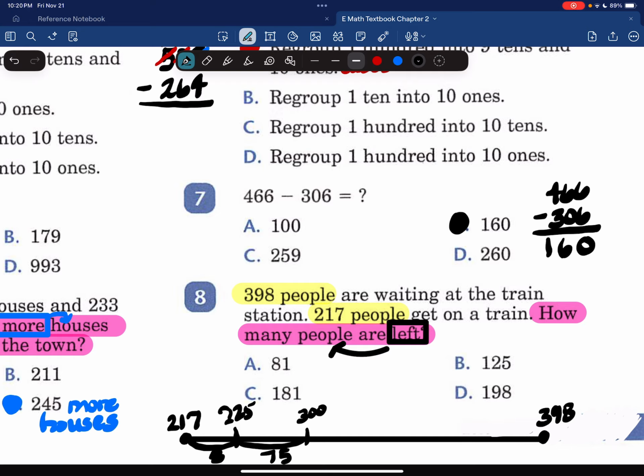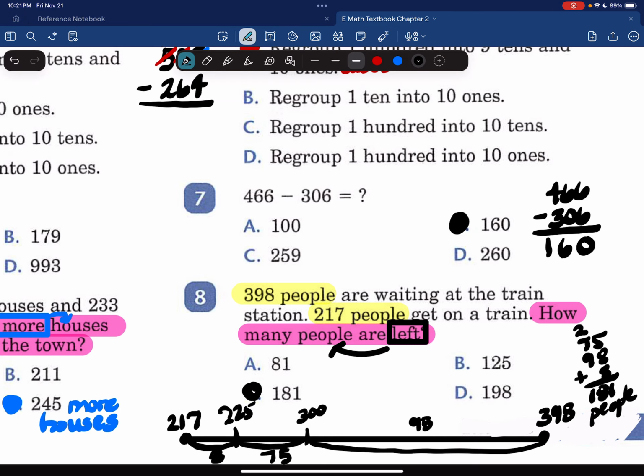And then from 300 to 398 is going to be 98. And so when you add those together, 75, 98, and 8, you will get 16 plus 5 is 21. 9, 10, 11 plus 7 is 18. So I'm liking 181 people are left.